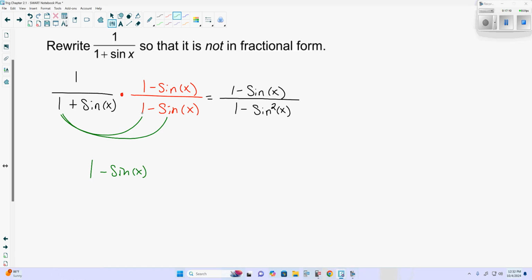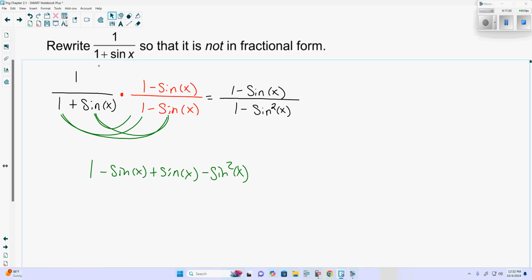Then from here we do sine times 1, which is plus sine of x. And then sine of x times negative sine is negative sine squared of x. Okay. These cancel and we get 1 minus sine squared.